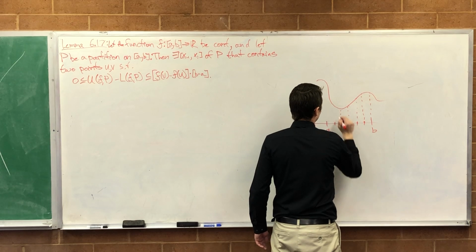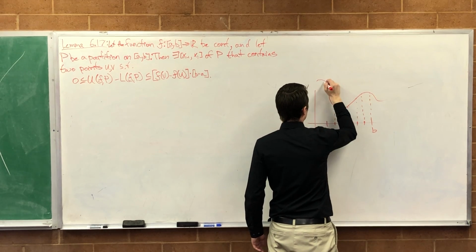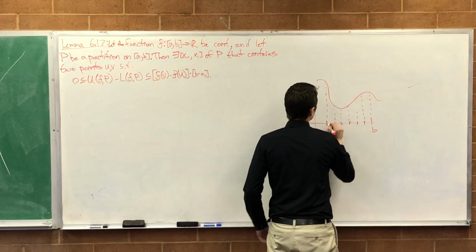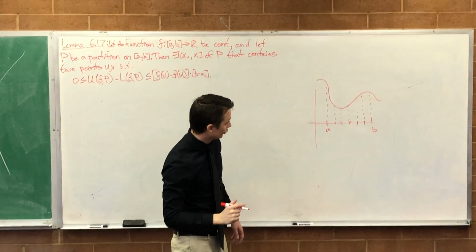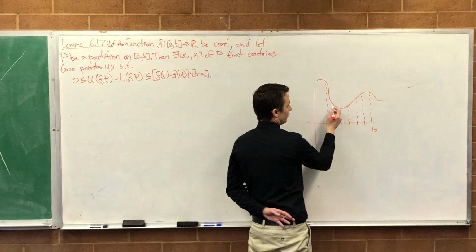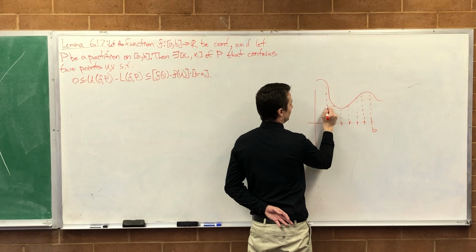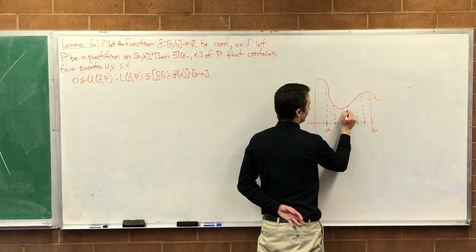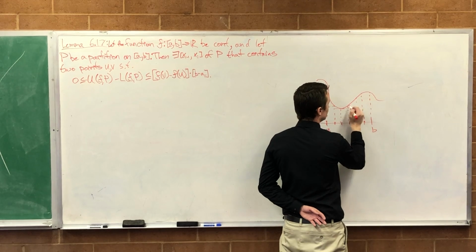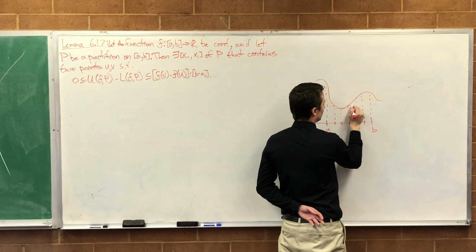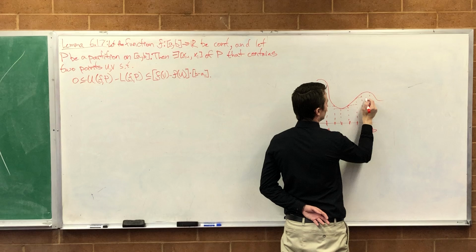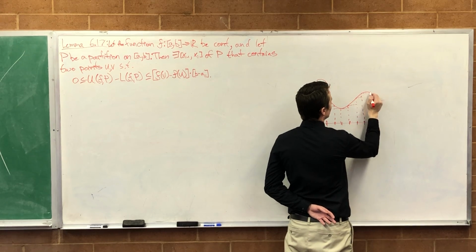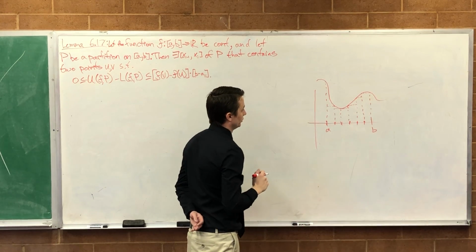And you know how to get your lower and upper Darboux sums, right? Yes. So your lower Darboux sum is all the rectangles when we stay under the line, but touching it at one of those endpoints. Or not necessarily at an endpoint, but just staying completely under the line. So there's our lower Darboux sums.